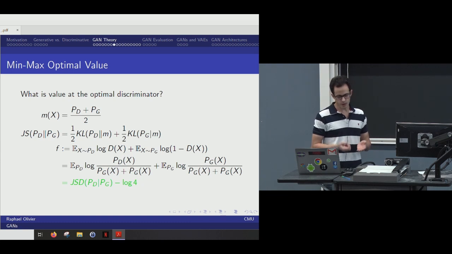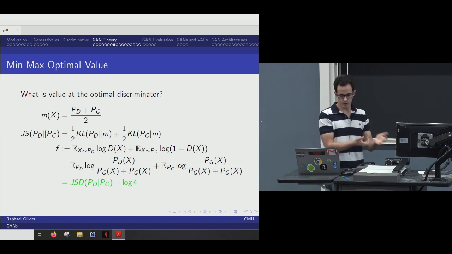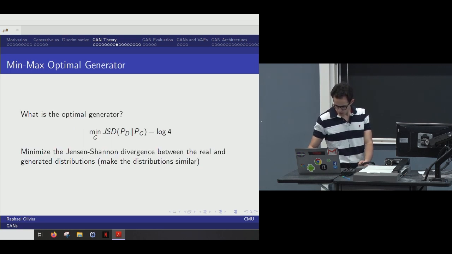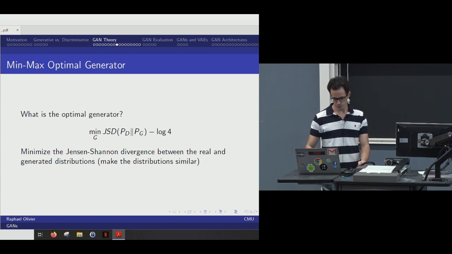So generally speaking, the generator is trying to make that small, which exactly amounts to making the two distributions close to each other. So that seems pretty consistent, I think. Just like I said, the optimal generator is the one where there is no difference between the real and the fake distribution.